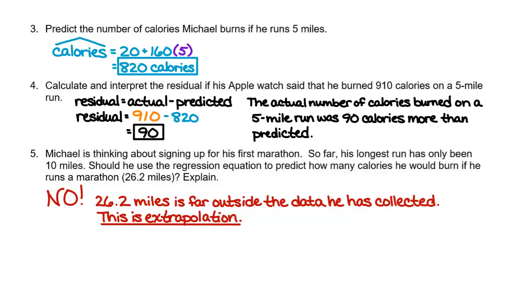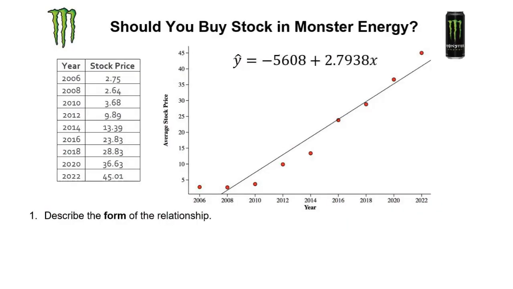All right, let's go ahead and flip over to page 11. So here, I've got some Monster energy drink stock prices for different years, and we've got our scatter plot here.